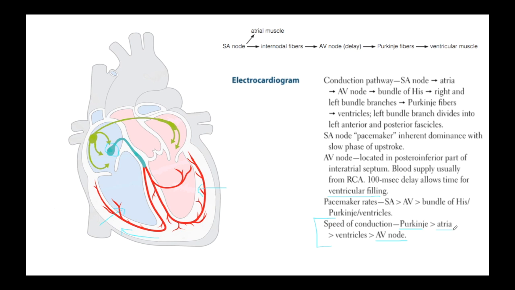And then we have our atria and ventricles in the middle. Our atria are going to conduct a little faster than our ventricles, one, because of size, and two, because we want to quickly fill as well.